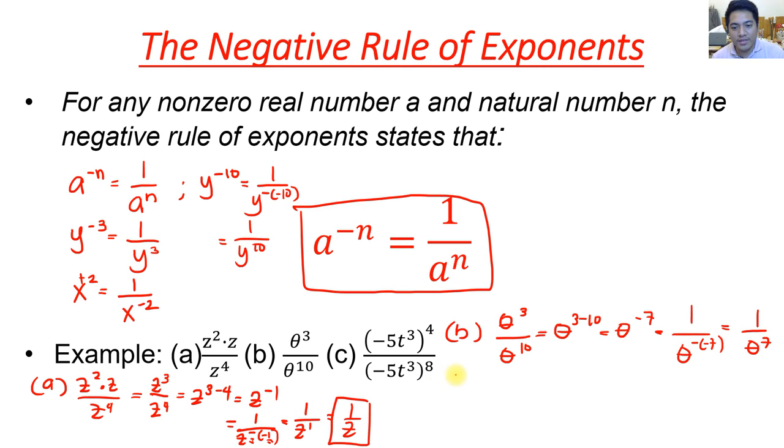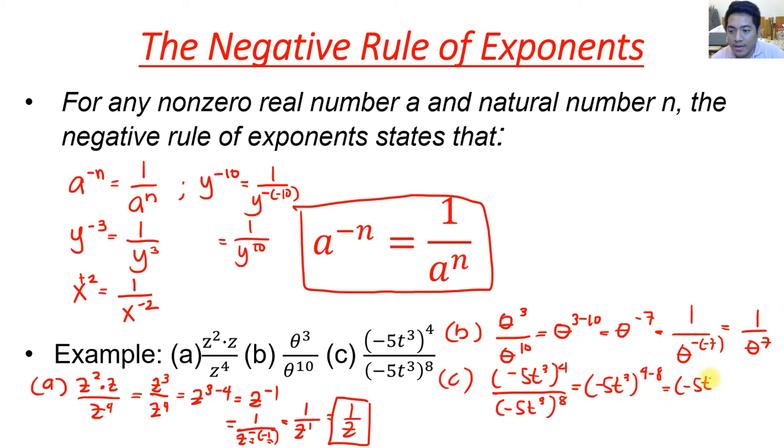Okay? So for letter C, it's the same. We have negative 5t cubed raised to 4 all over negative 5t cubed raised to 8. So that would be negative 5t cubed raised to 4 minus 8, that would be negative 5t cubed raised to negative 4.